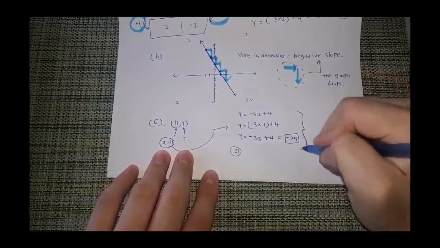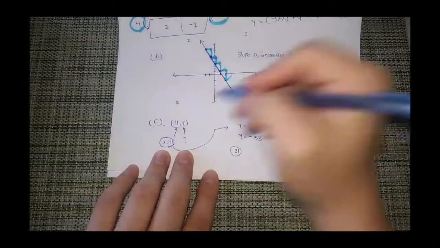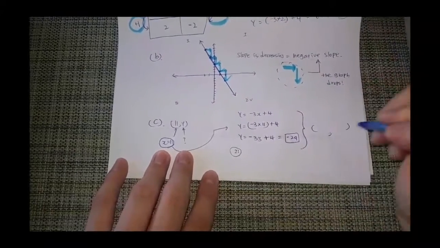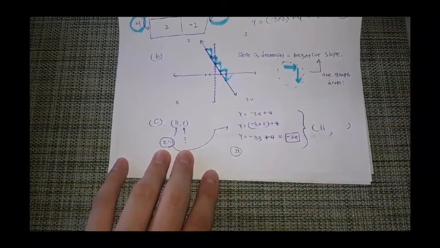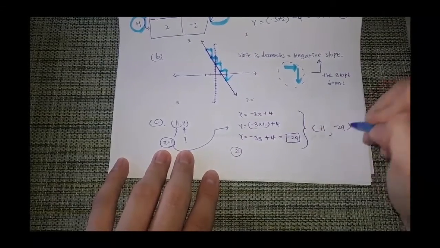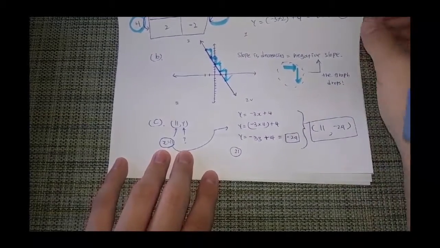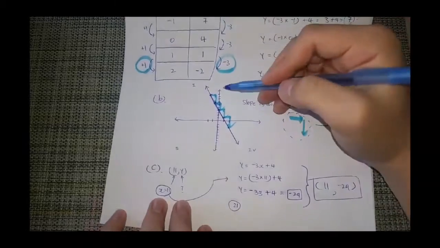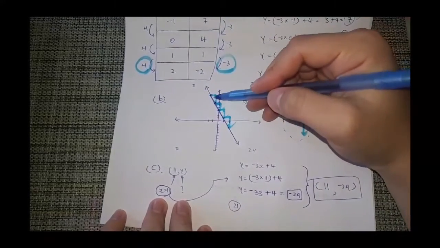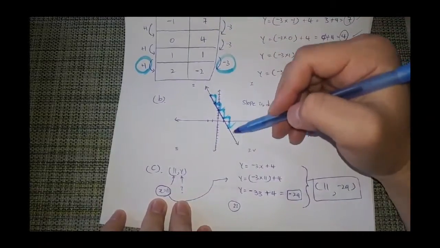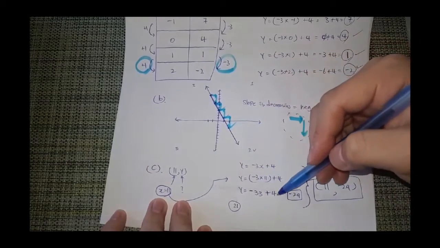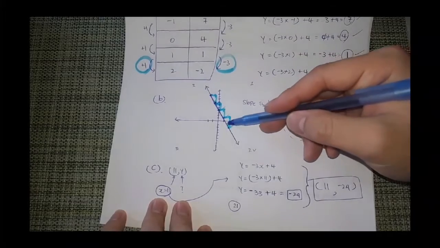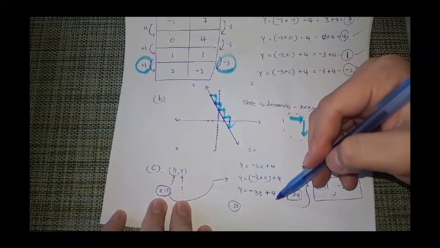So using these values, we can create the coordinate the question is asking for. If the x position is 11, then y should be negative 29, which is possible because can you see that every step goes right by 1 and down by 3? So (11, negative 29) will be located somewhere way over here if this line kept going.